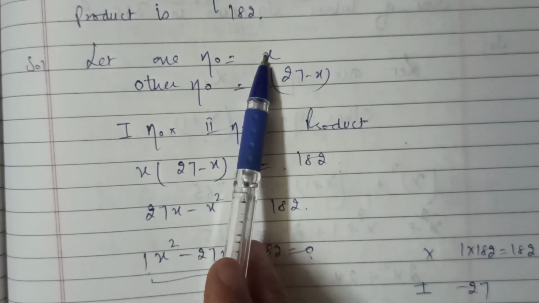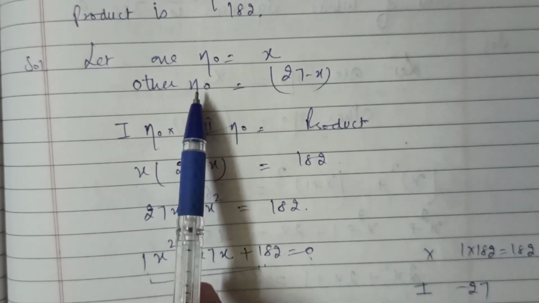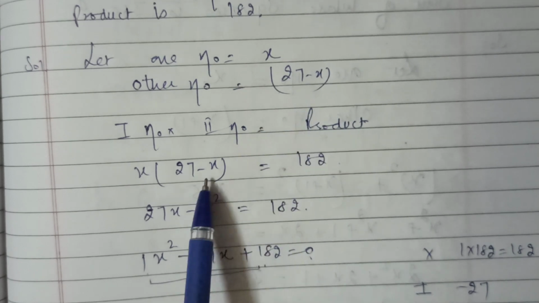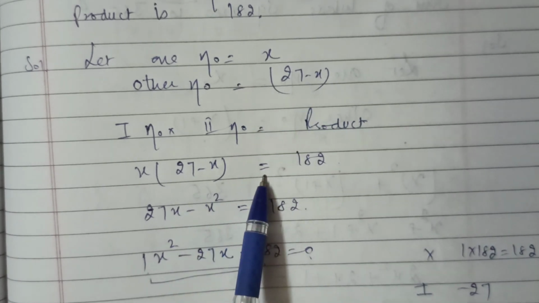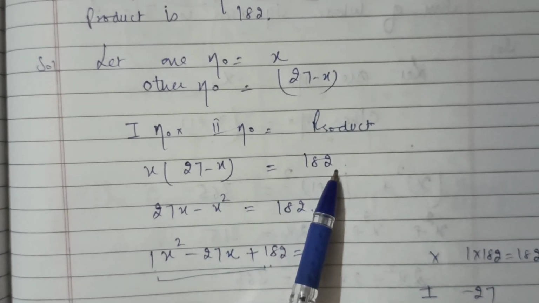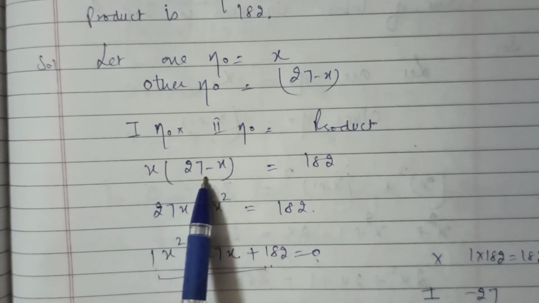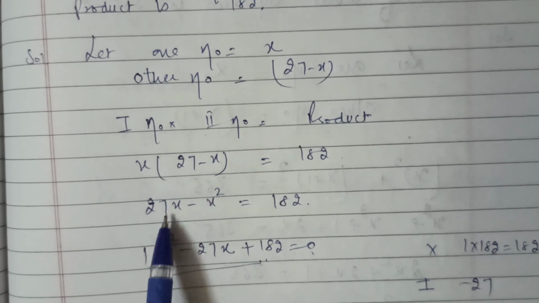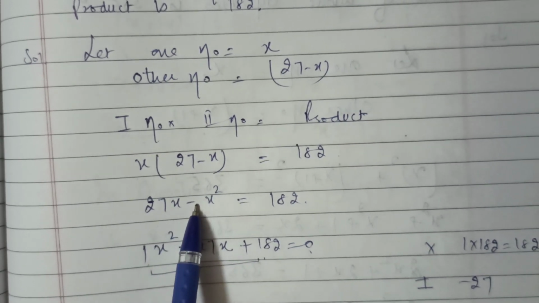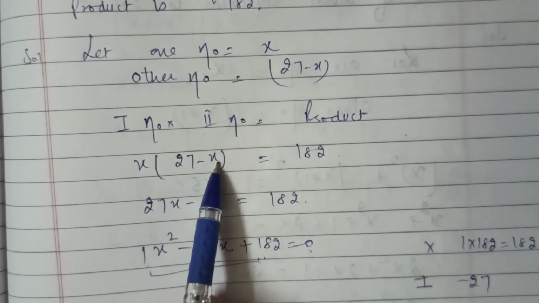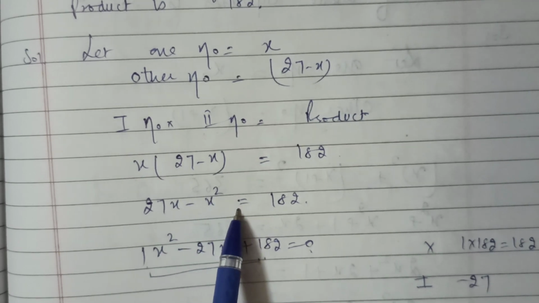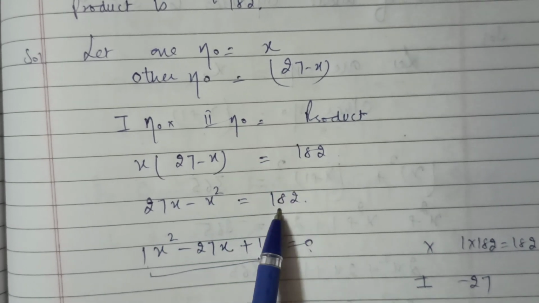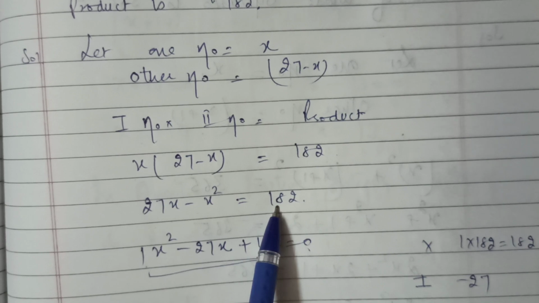One number is x, the second number is 27 minus x, and the product equals 182. Solve it. Open the bracket. x into 27 is 27x, minus x into x, x square, is equal to 182.